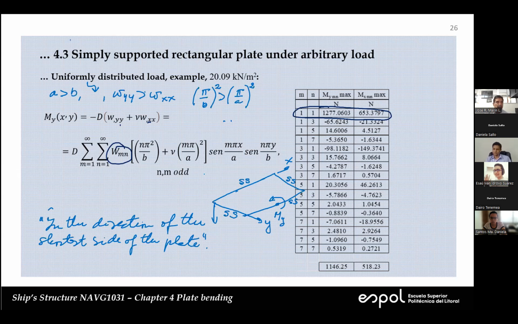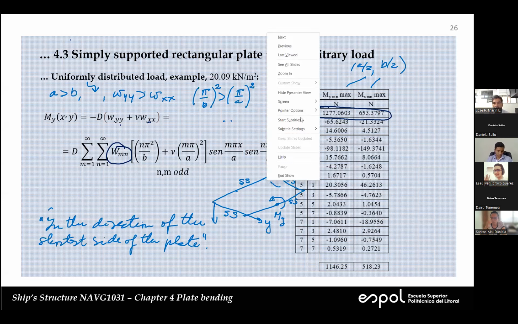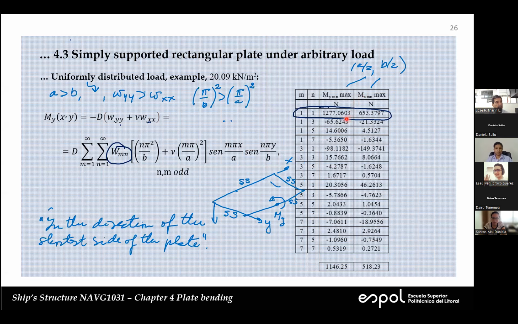So we go to the maximum, and the maximum, of course, occurs in the center. So these two functions are evaluated at a/2 and b/2. If we evaluate around the edges, the result is going to be 0. So that's not very interesting. Okay, now here we have evaluated both, not only in y but also in x.